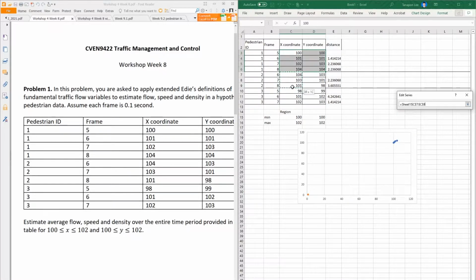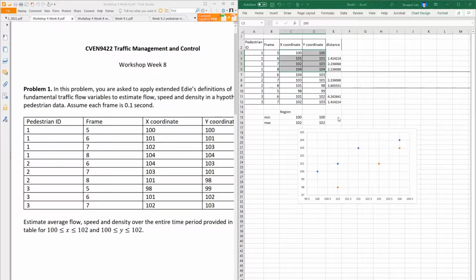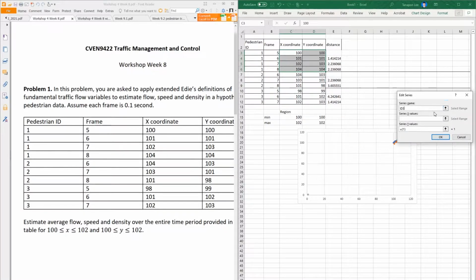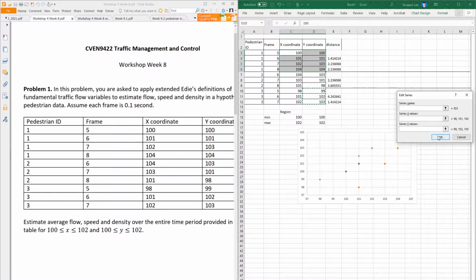X for ID 2 is just here, and Y for ID 2 is here. And we can add ID 3. Here's the X for ID 3, and here's Y for ID 3.